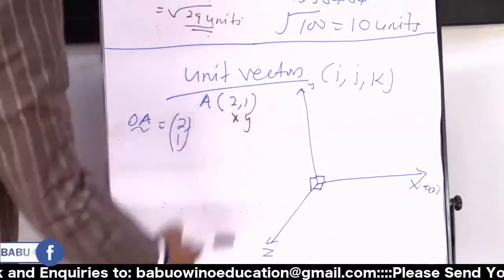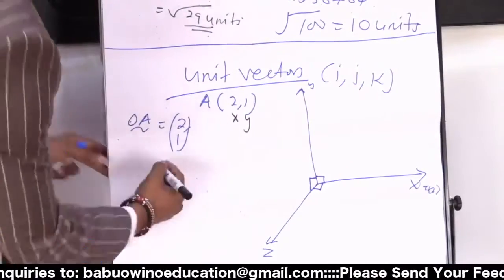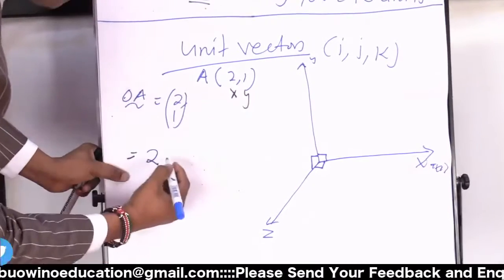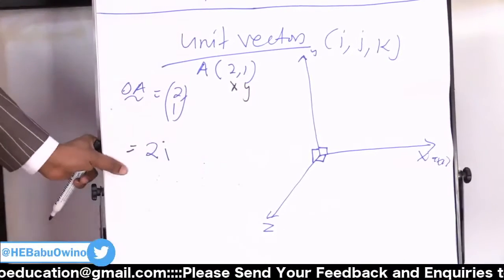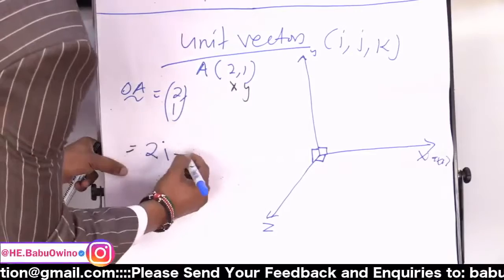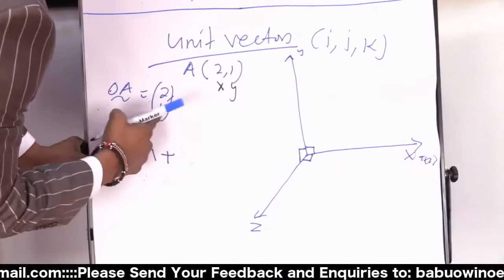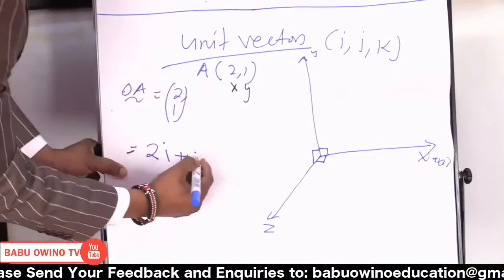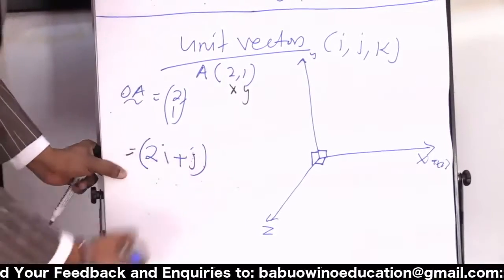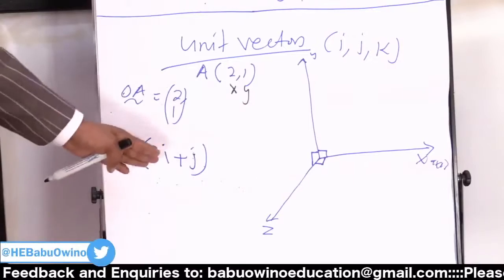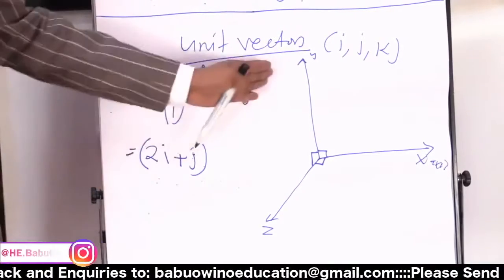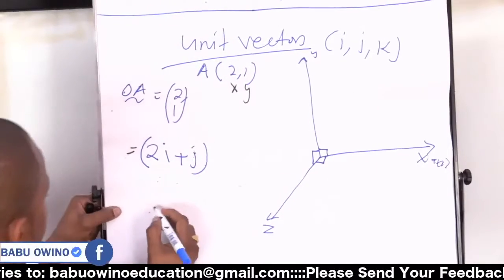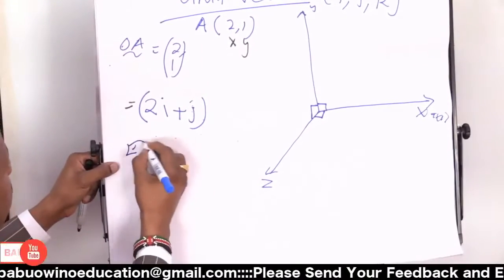So in the form of i and j, you simply write 2i, then plus, you take 1 with its sign, which is a silent positive, plus 1j, which is the same as plus j. That is 2i plus j, a unit vector in the form of i and j. If we have another example, example 2.